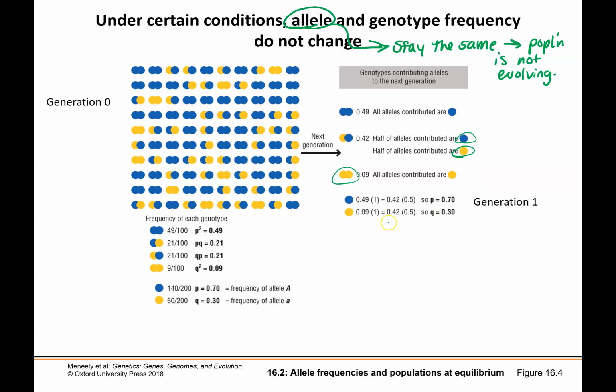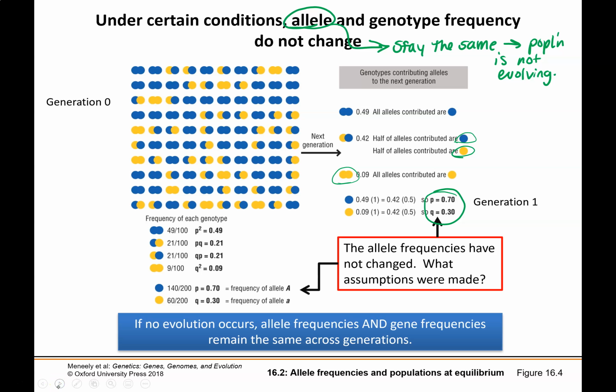So if we use that information to calculate the next generation, we see that nothing has changed. Our P and our Q have stayed the same. So the converse of what I said at the beginning is that if no evolution is occurring, then allele frequencies and genotype frequencies stay the same. So if there's not some sort of outside force that is causing those allele frequencies to change, then evolution is not occurring.